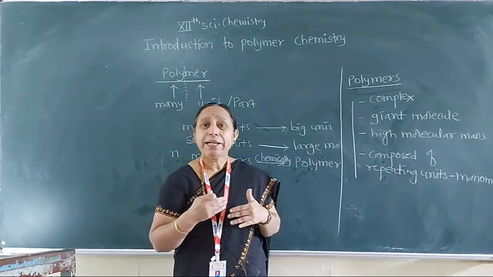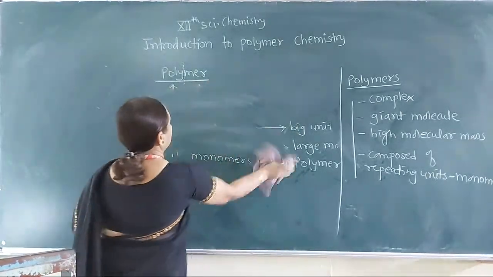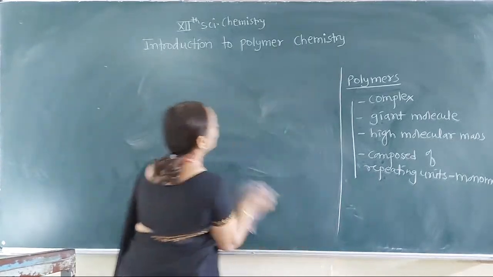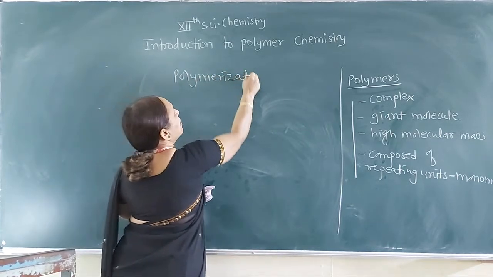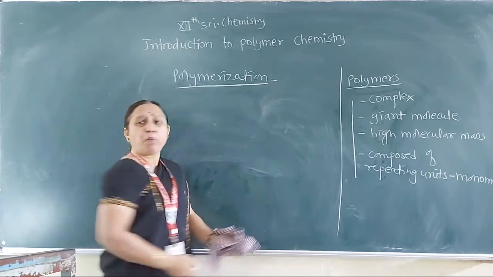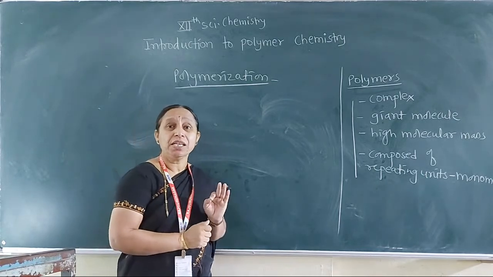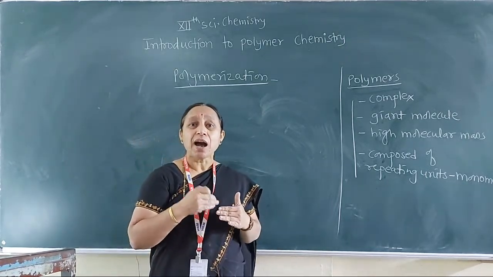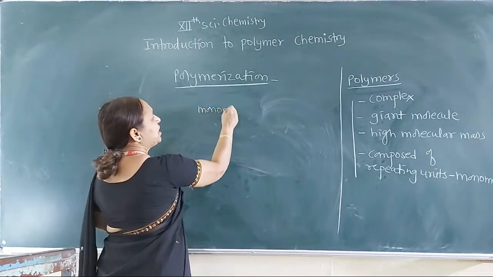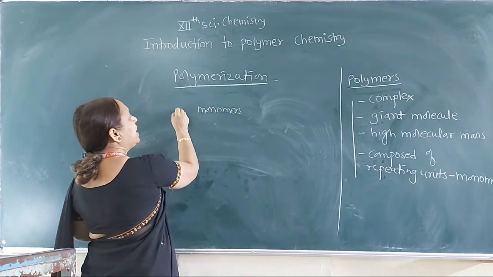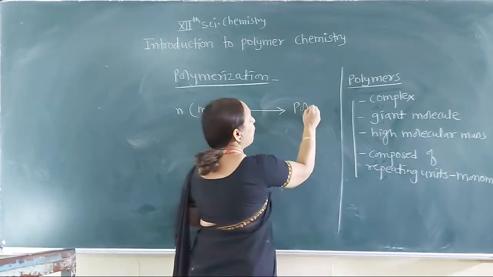The next term related to polymer is polymerization. What is polymerization? It is a process in which monomers are converted into polymers. Polymerization is a process in which n number of monomers are converted into polymers.